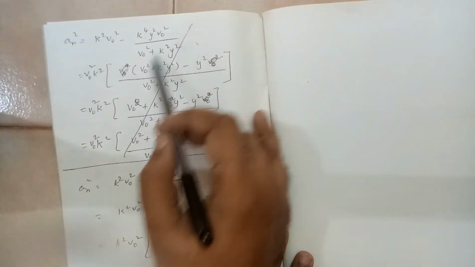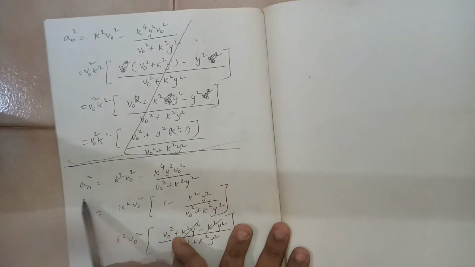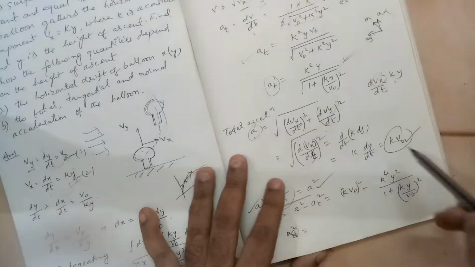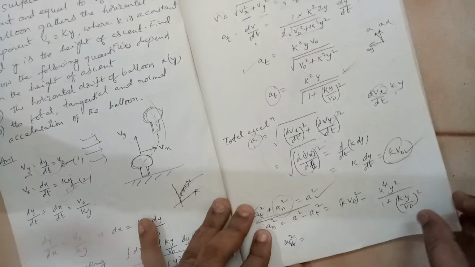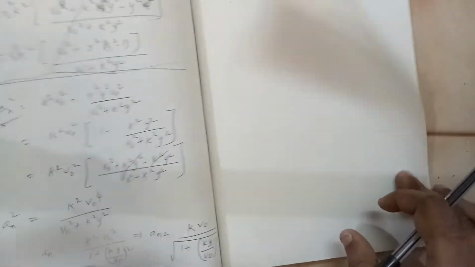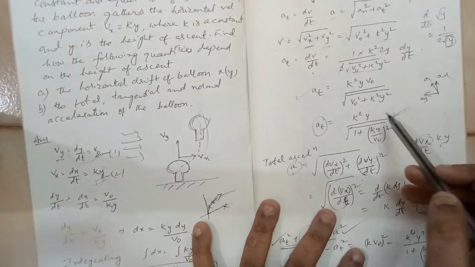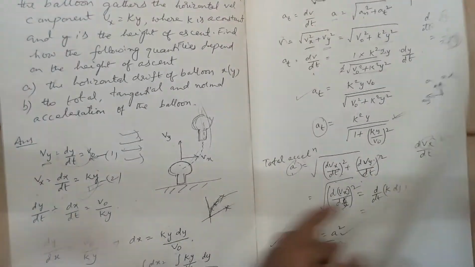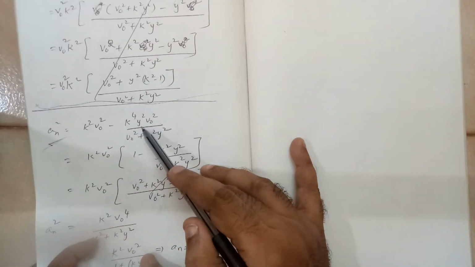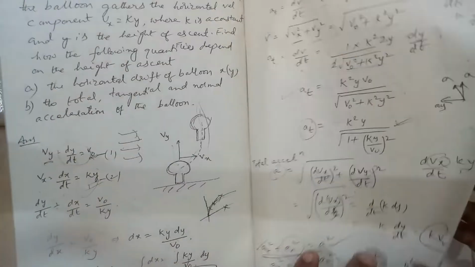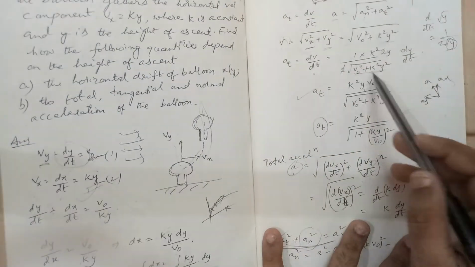So an square will be equal to A square. A value is this, so it will be k square v0 square minus at, which you have already calculated, so it will be k power 4 y square v0 square divided by this value, the square of this.